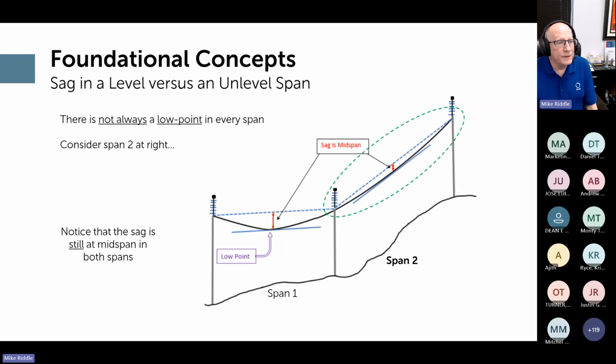Now, I should note there is not always a low point in every span. So consider this hypothetical example, but it's a situation that does occur in the real world. Here's span 2, and you don't really see a low point. One could say that the low point is the lower attachment point.